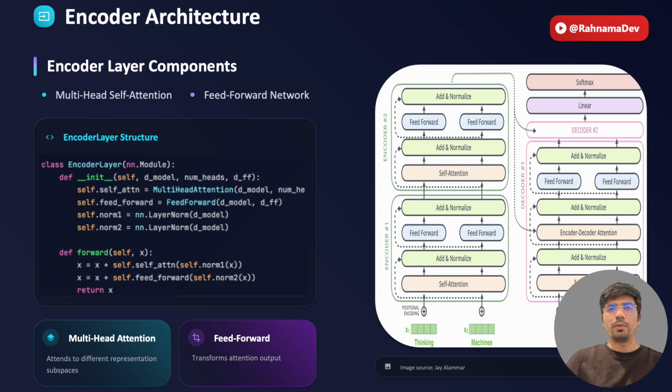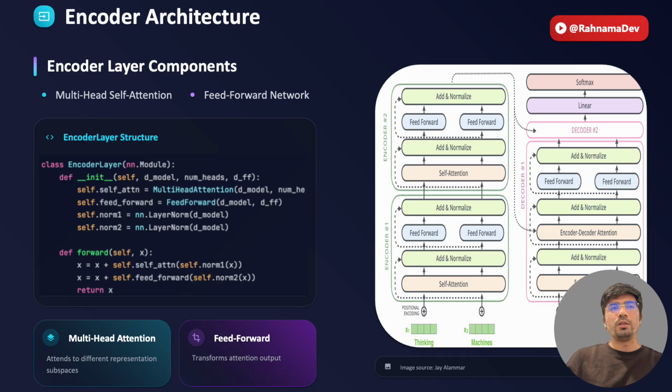It helps with training by allowing gradients to flow through the network more easily. The norm1 and norm2 are layer normalization. They stabilize the hidden state dynamics and make training faster and more stable. These architectural choices are essential for training deep transformer networks with billions of parameters.